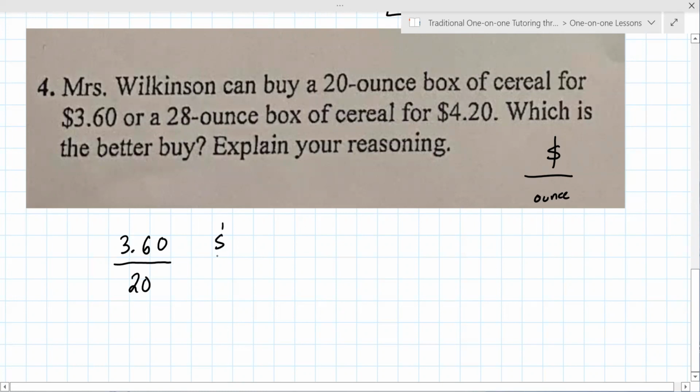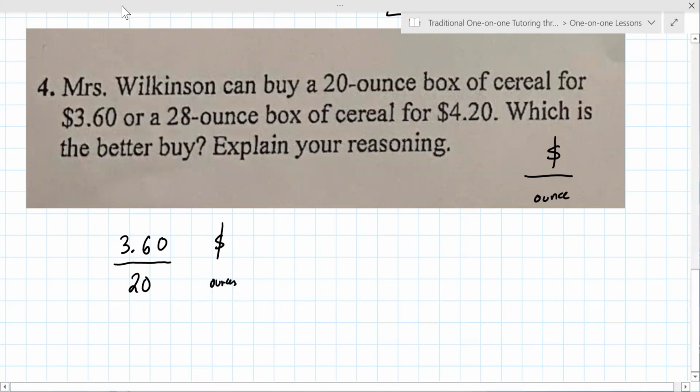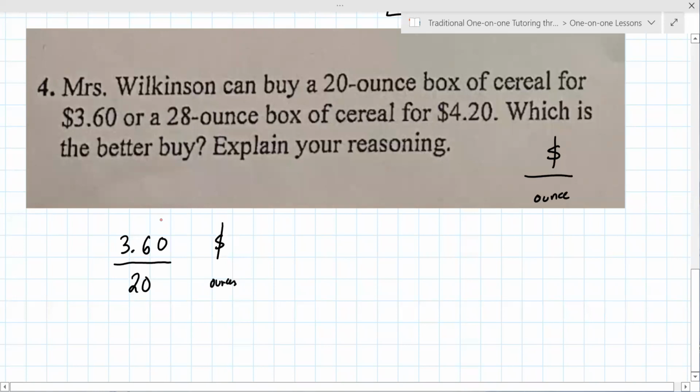So that's the cost in dollars, and that's the ounces, 20. So we're going to divide this here. Do you see anything that cancels in this 3.60 over 20?